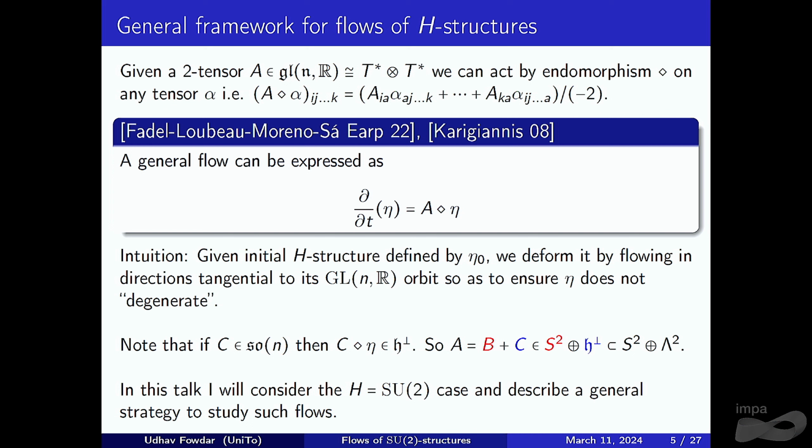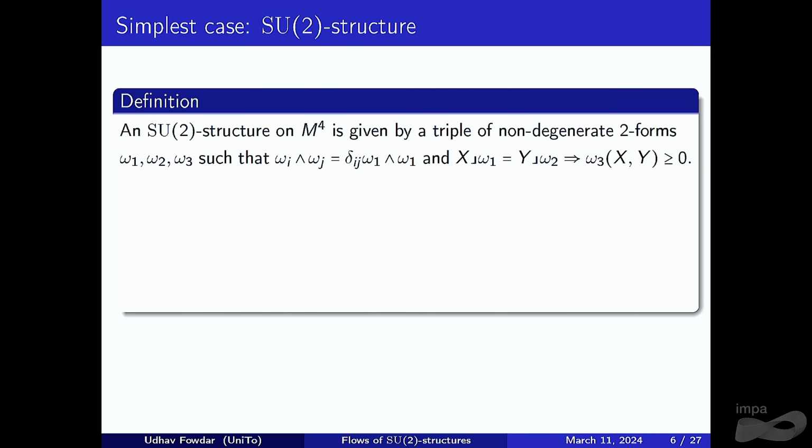Okay, so let me get into the SU(2) setup. What is an SU(2) structure? An SU(2) structure on a 4-manifold is given by a triple of non-degenerate 2-forms, omega 1, omega 2, omega 3. They satisfy that if you wedge them together, you get a multiple of the volume form, which I'm going to take as omega 1 wedge omega 1.